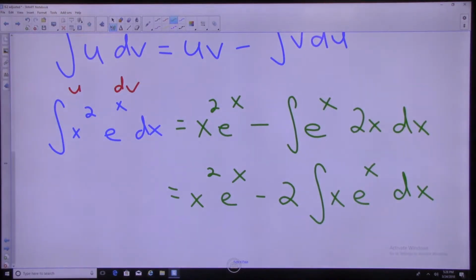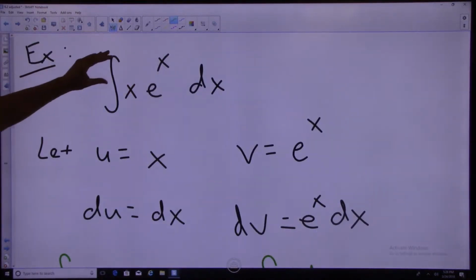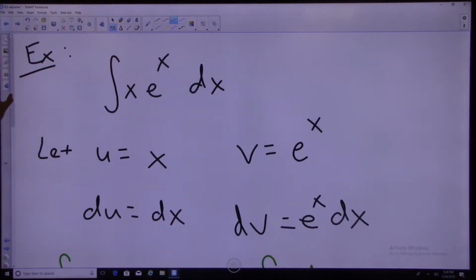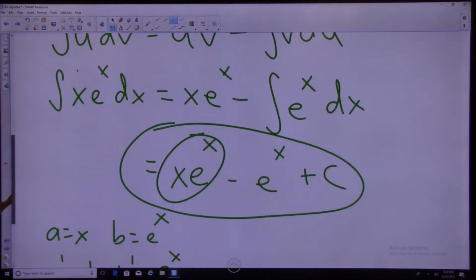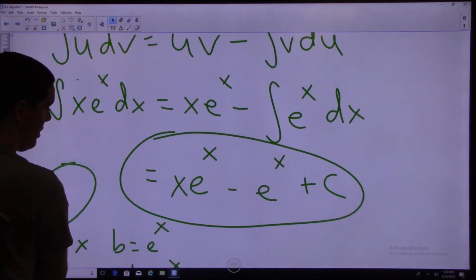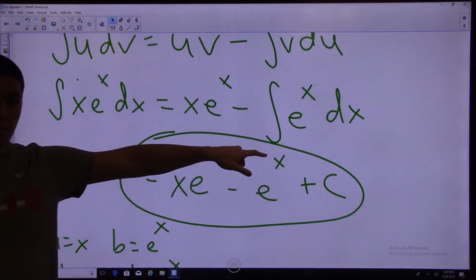What I was going to do is just do that again, but why don't we use the problem we did in the last video, just to make it quicker. We did that exact problem in the last video, so why don't we just use the answer from it? That'll be a lot easier. That's what we found the answer to be: x times e to the x minus e to the x plus c.